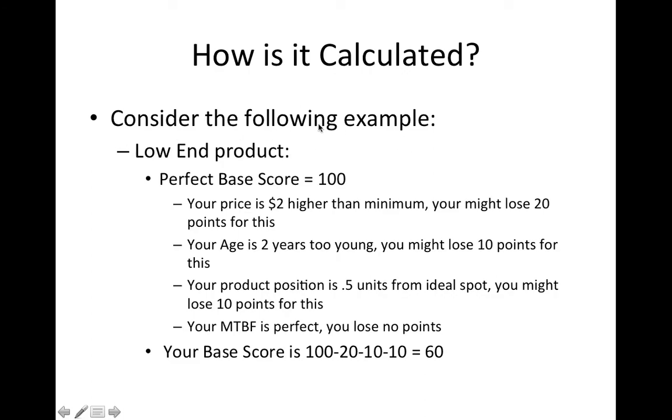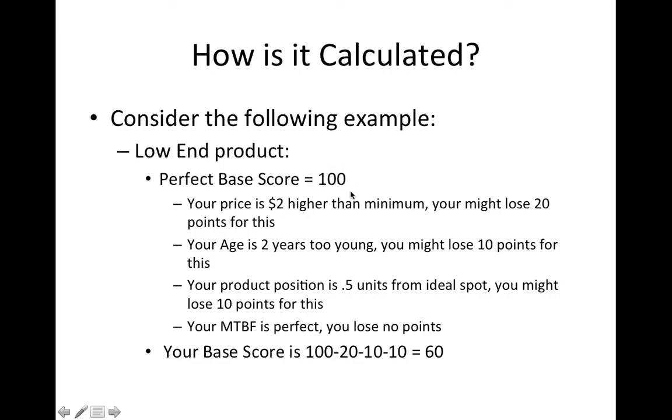So let's just use an example. Remember, a perfect base score is 100 points. So we're going to look at a low-end product just as an example. And let's say your price is $2 higher than the minimum. Because price is an important thing for the low end, you're going to lose a lot for that. So you may lose 20 of your points for just being $2 off from the minimum.